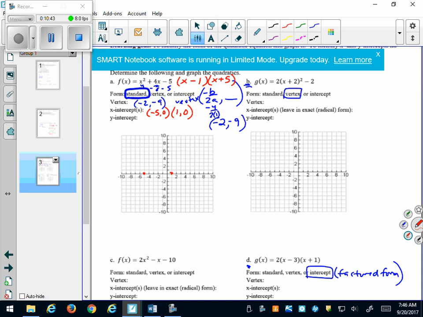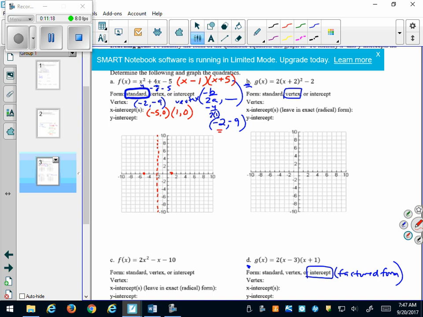So if you plot the two intercepts, instead of doing negative b over 2a to get that x value for the vertex, I know the vertex has to be halfway between these two points. So I know that it's going to be on this negative 2 line, because that's exactly halfway between 1 and negative 5. So by graphing my two intercepts, I can figure out that the x value is negative 2 without having to do the negative b over 2a. Do you follow that?